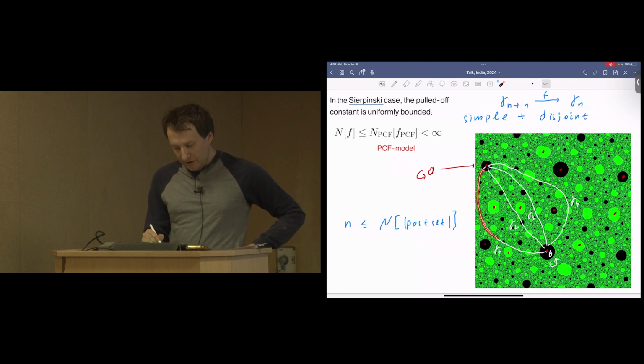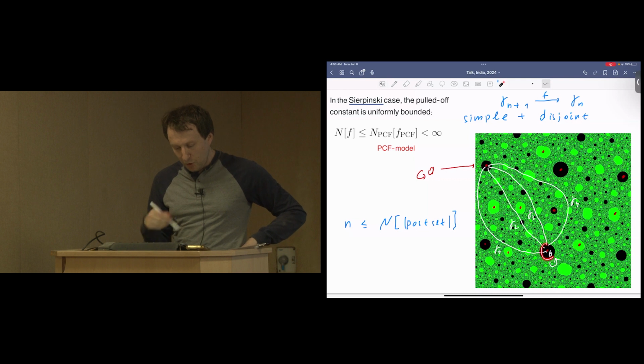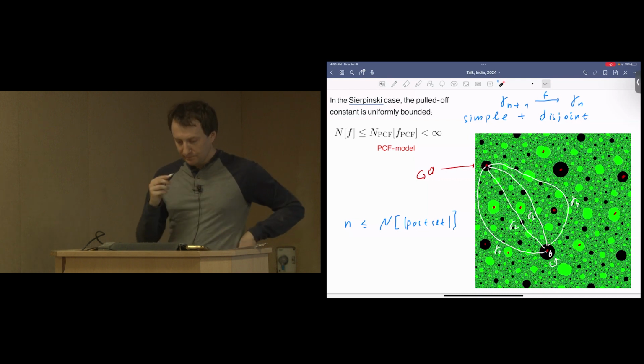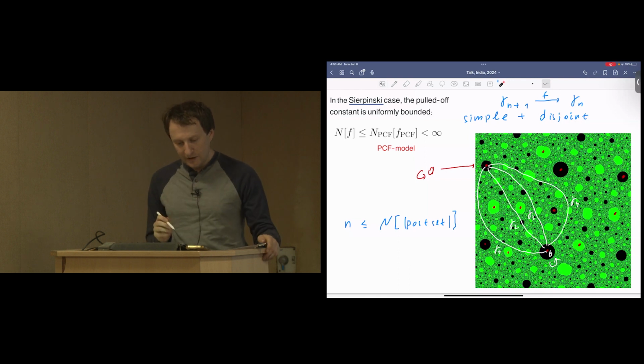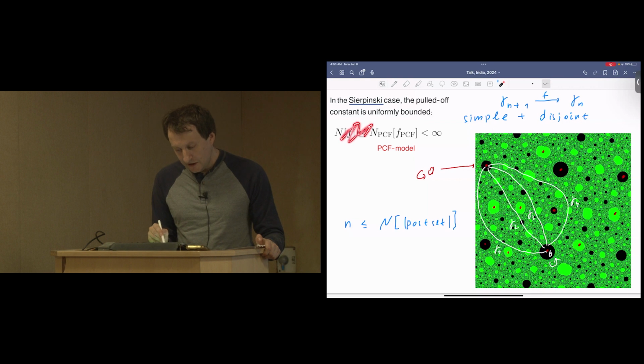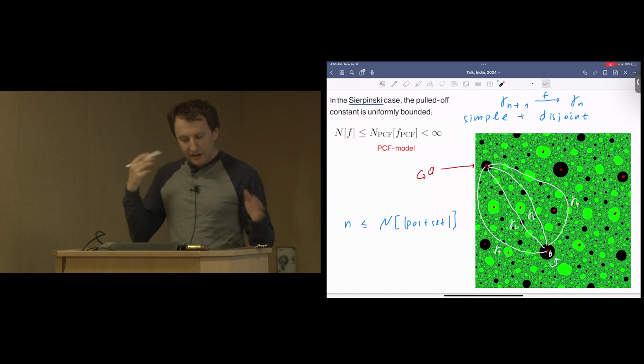And the argument is that they cannot be homotopically equivalent, because if gamma 4 is homotopic to gamma 1, then this would mean that we have a periodic arc between two postcritical points, and this would mean that the corresponding two components touch. And this is not the situation of a Sierpinski carpet. So in the Sierpinski case, the disjointness of two components means that such a quantity is uniformly bounded.